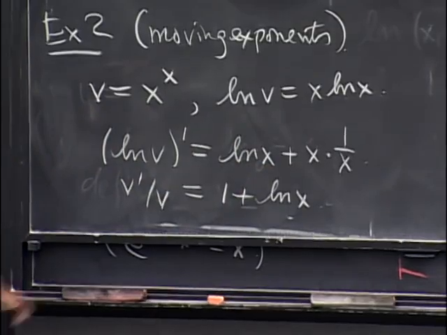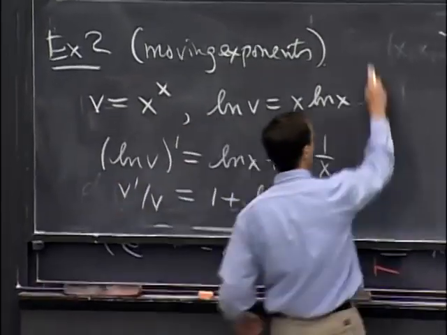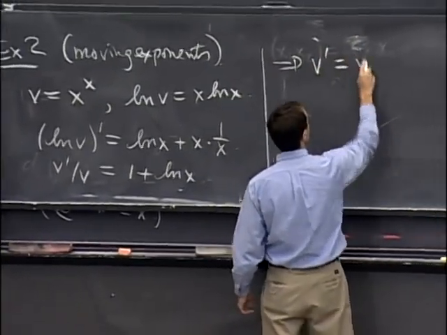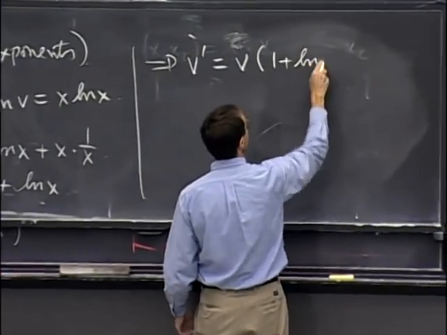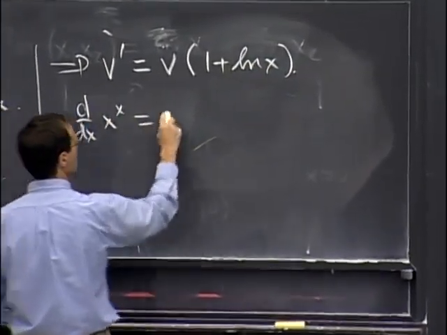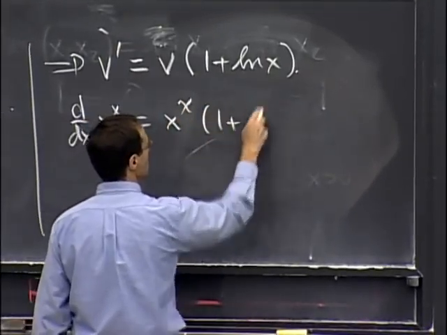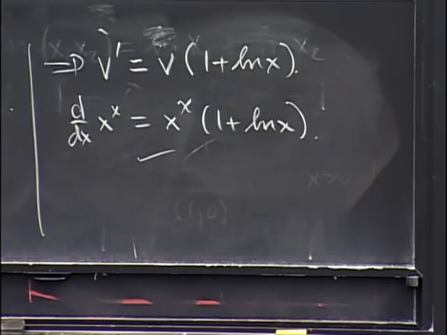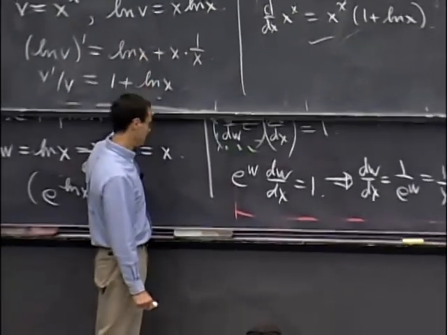All right? And now I'm almost done. I have v prime is equal to v times 1 plus log x. And that's just d by dx of x to the x is equal to x to the x times 1 plus log x. All right, that's it. So these two methods always work for moving exponents.